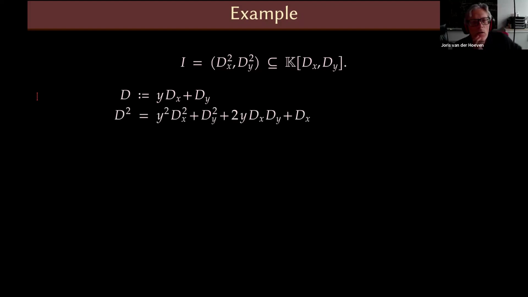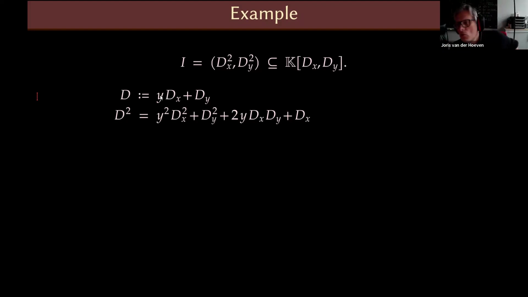Okay, so let us see why this works. We can look at the square of this thing: we multiply it by itself and expand. We have to be careful, of course, that if we multiply dy with y, it becomes y dy plus 1.